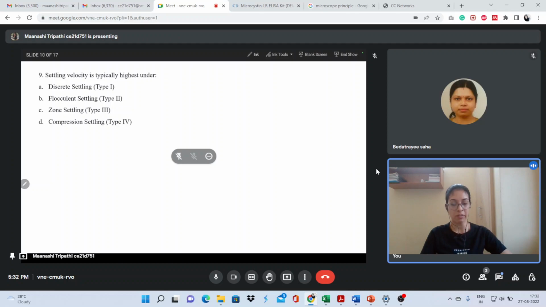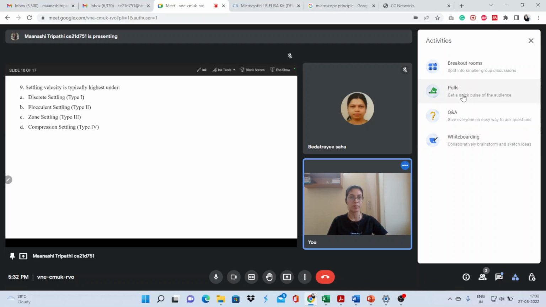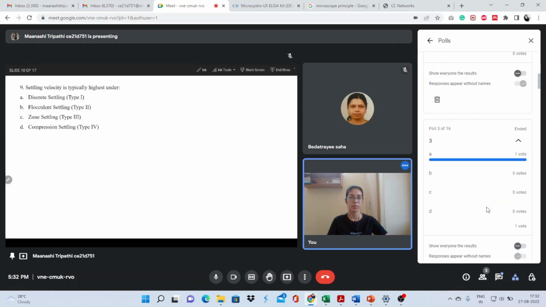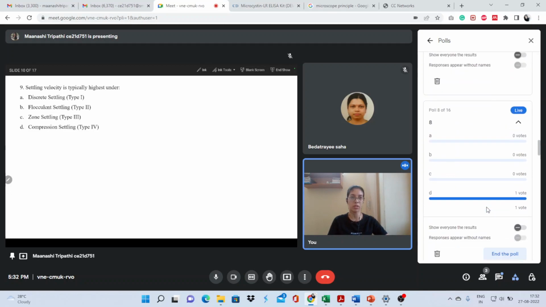Settling velocity is typically highest under which type? This is what you need to answer. I'll show the polls for this one.